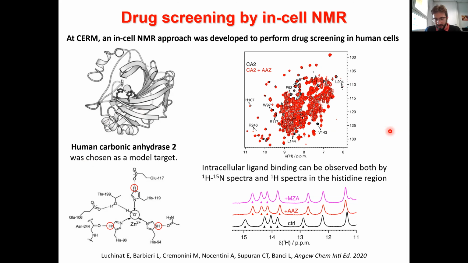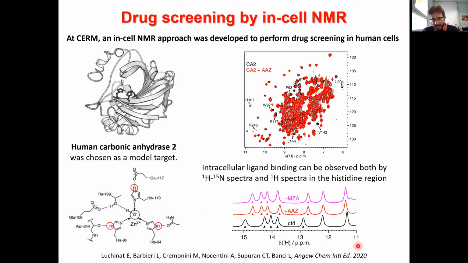We started treating the cells with a series of compounds, some of which are approved drugs, like acetazolamide and methazolamide, as control compounds. These are sulfonamides, which bind as a fourth ligand to the zinc active site of the protein.